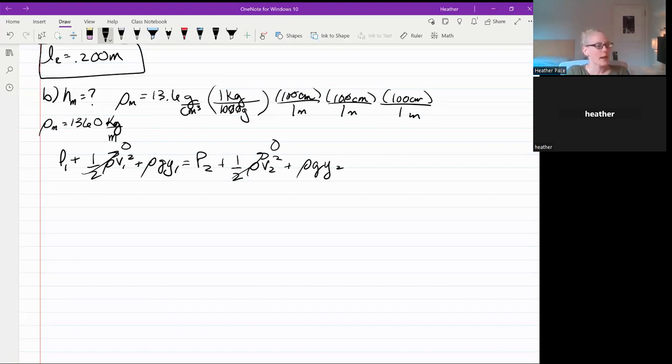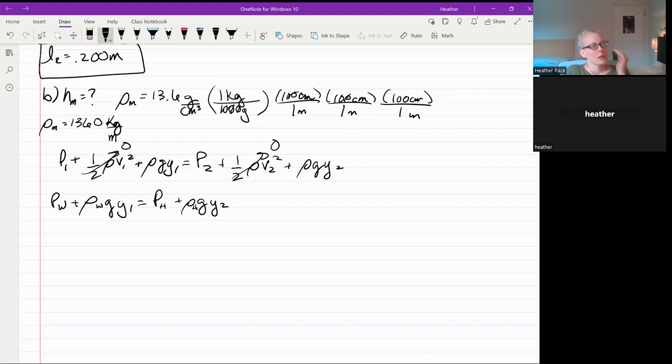Okay, so P1 is really going to be P water plus rho water g Y1, and P2 is going to be P mercury. So P mercury plus rho g Y2. All right, so we should have put that there.